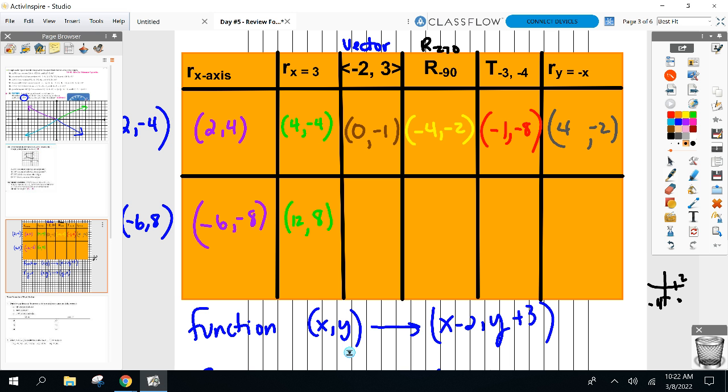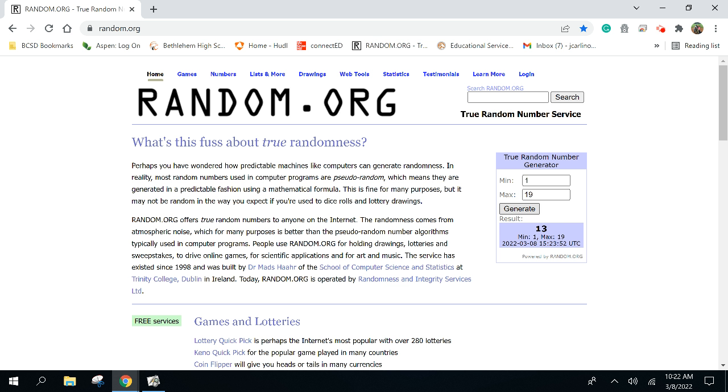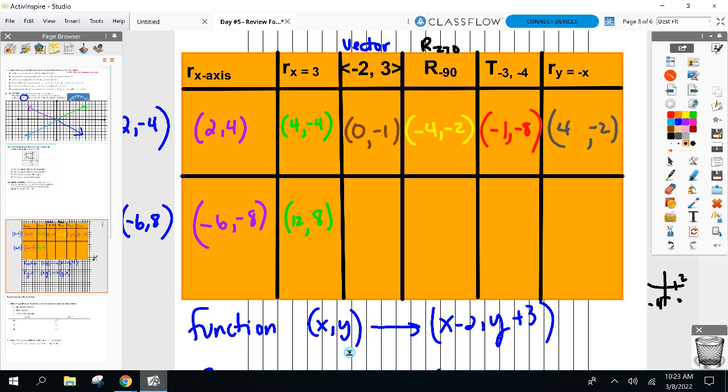Translation now. -2, 3. Left 2, up 3. Where you at? 13. -8, 11. -8. And just doing my math. Yep. 11. Good work. And then -90. Ooh, okay. I should have done this one. -6, 8.